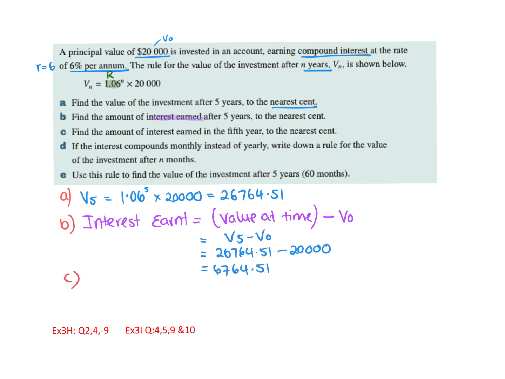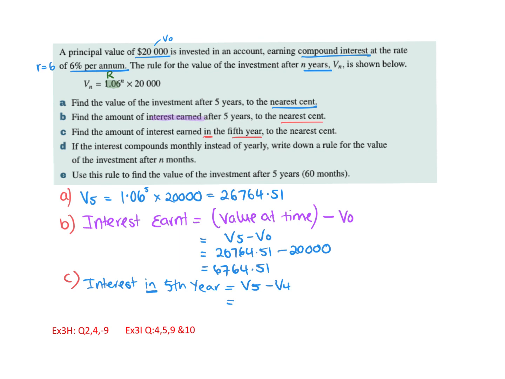Then in question C, this is where you've got to be really careful. In finance, you've got to start making sure you read the questions very carefully. It said, find the amount of interest earned in the 5th year. So just in that one 5th year, and to the nearest cent, it said. What you have to do with that one, when it's interest in the 5th year, it means you do the value of V5 minus V4. That will tell you what happened within that year. So we'll just write that. Interest in 5th year, and underline 5th year, it's going to equal V5 minus the one before, V4.